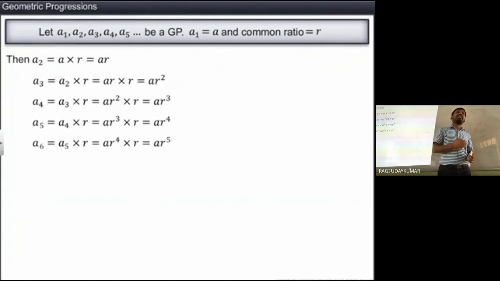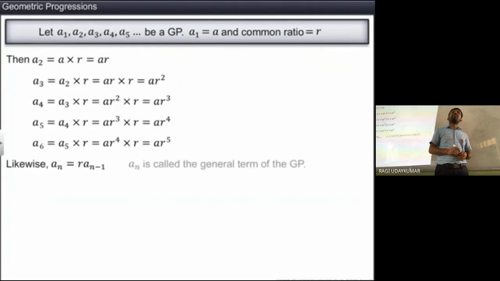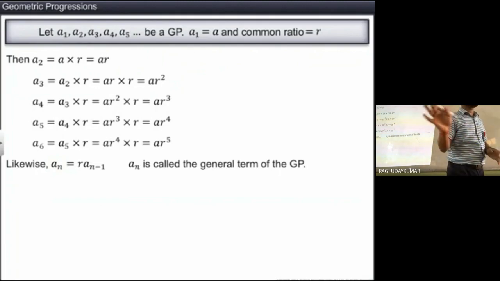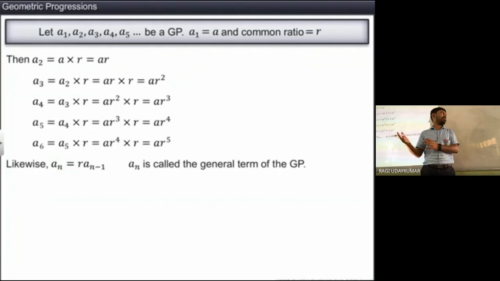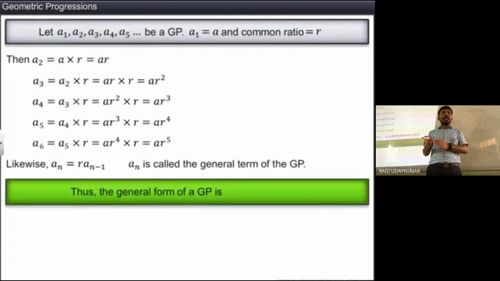In the same way, if you proceed, what can the nth term be? To get the nth term, R should be multiplied to a(n-1). So the nth term is AR to the power of n minus 1. That is the general term. Here it is not given to you as such, but AR to the power of n minus 1 is what we are going to get.